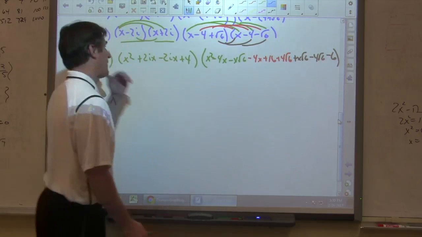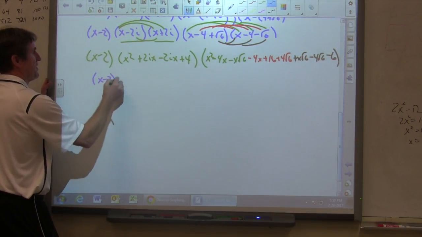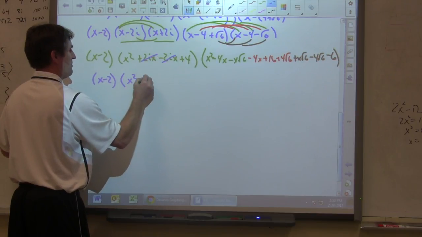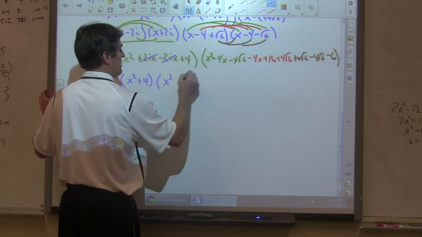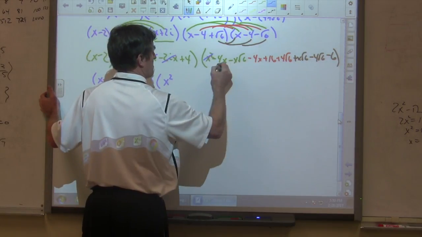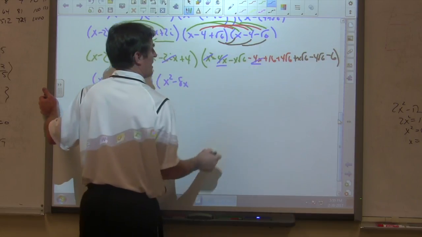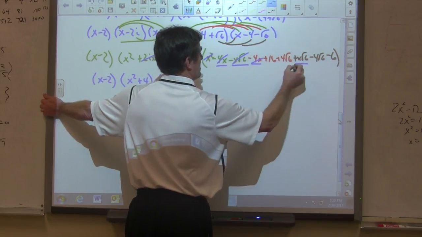So now I'm going to simplify these parts before I multiply. It makes it a lot easier. X minus 2, these cancel, so x squared plus 4. And then over here we have x squared minus 4x minus 4x is minus 8x. And then the negative x square root of 6 and the positive x square root of 6 cancel.